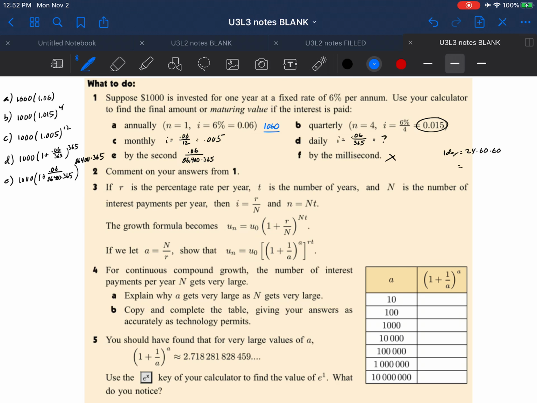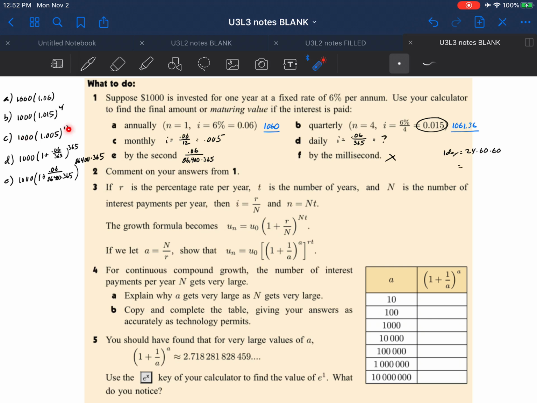So now the 1.06 becomes 1.015 raised to the fourth, which is 1061.36. I was getting ahead of myself. So a little bit bigger.